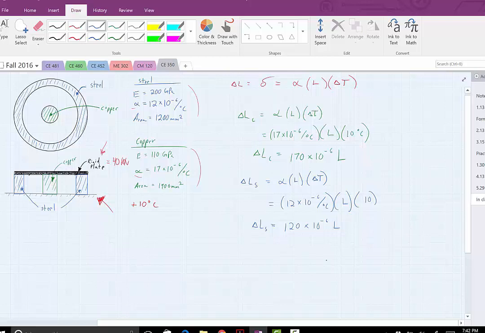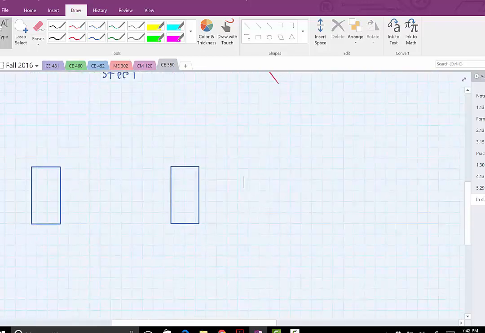So now what we've determined is basically how far our shapes have shifted up, right? Our system has moved up, each piece, because we have both steel and copper, and both of them have deflected upwards a certain distance. If you can see my drawing here, I'm going to draw a real quick view.